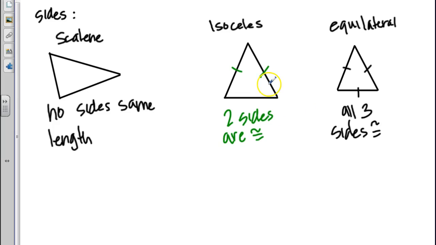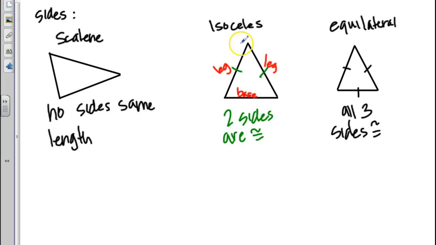All right, let's just talk about the isosceles triangle. When we talk about an isosceles triangle, the base will be identified as the side that's not equal to another side. The two equal sides are called the legs.